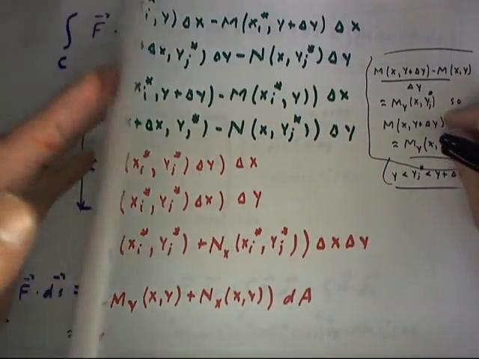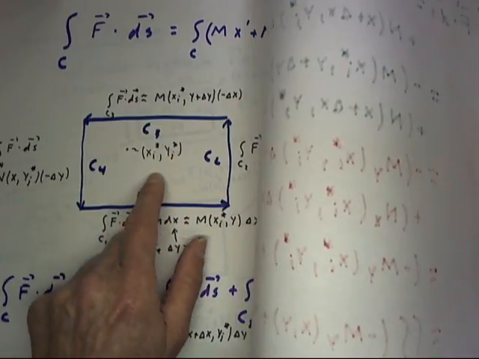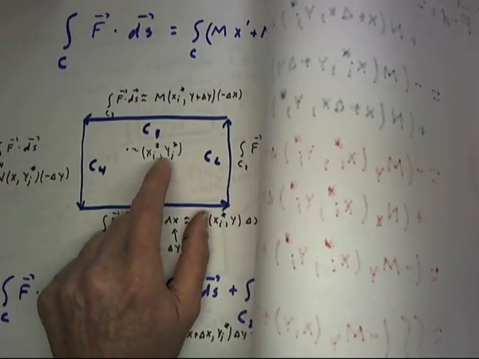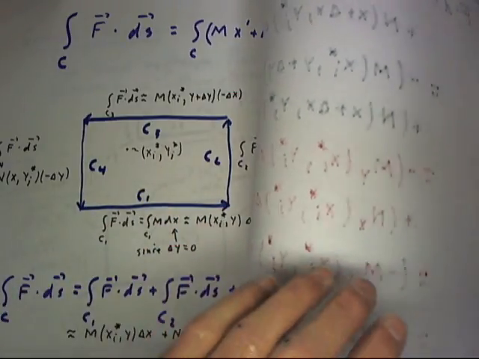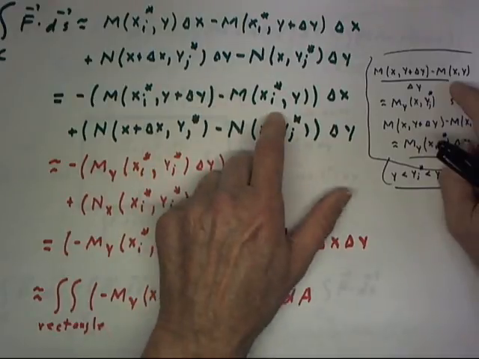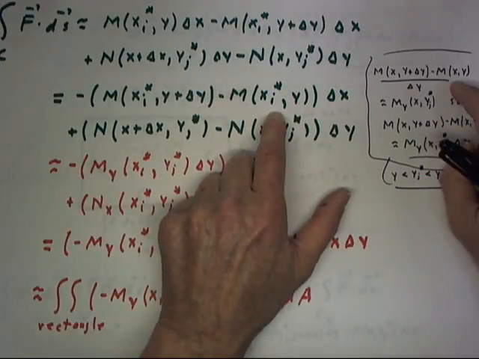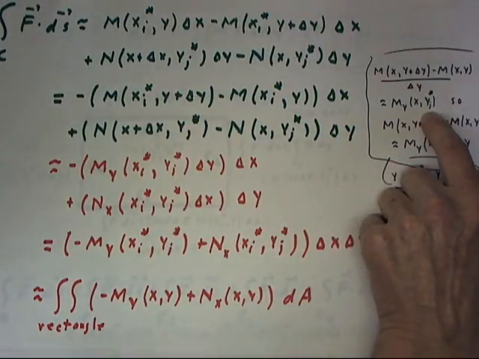Remember that we're considering this integral over a small delta x by delta y region with an xi star, yj star sample point, so that when we consider this difference on that interval, our y values are all pretty close to our yj star.